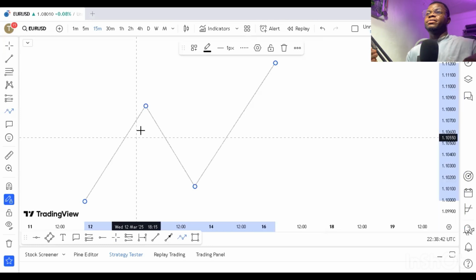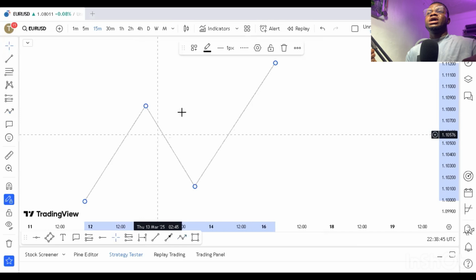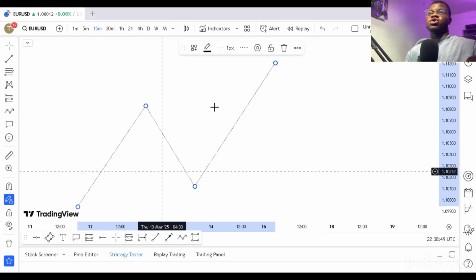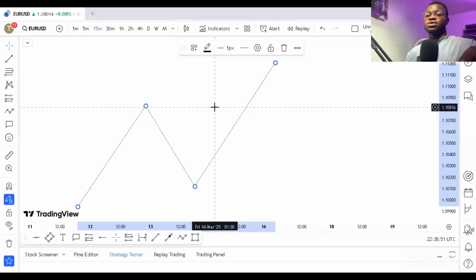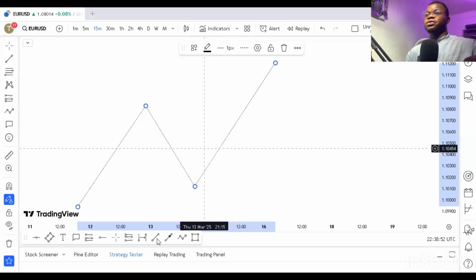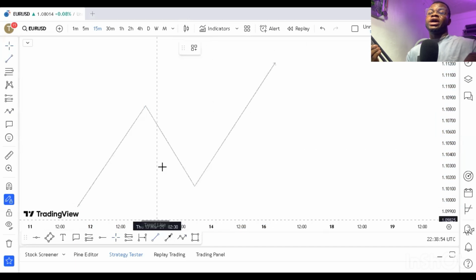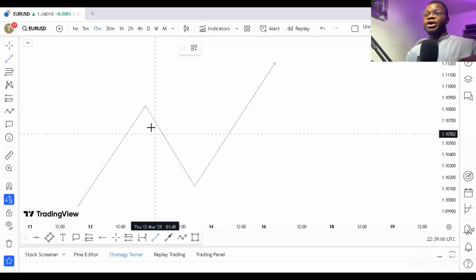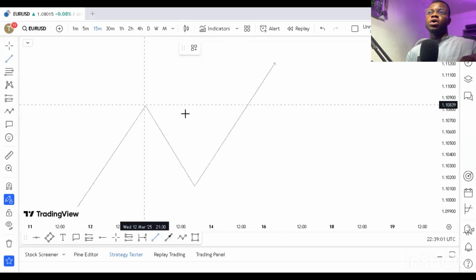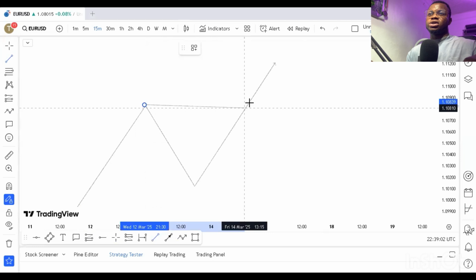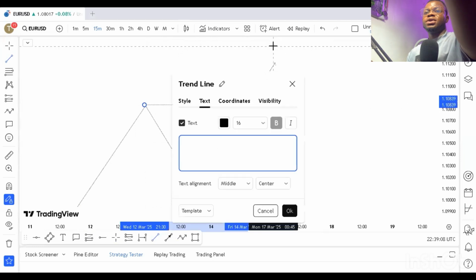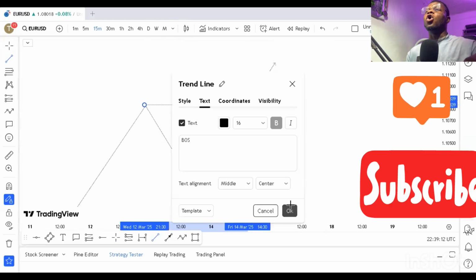All right. Market structure in an uptrend is simply structures creating a series of higher highs and higher lows. What you don't know is that for an uptrend structure to create a new high, a break of structure needs to occur. It's known as the BOS.